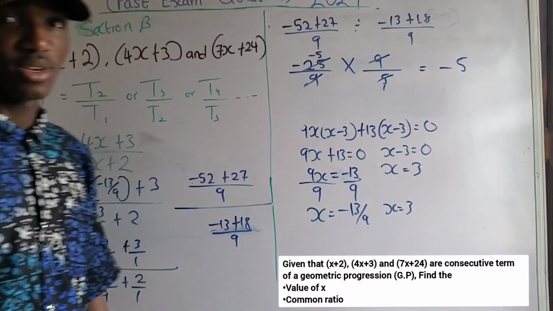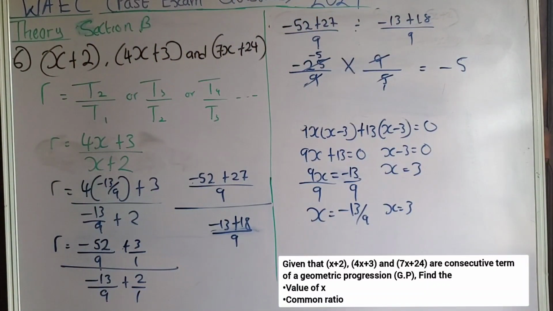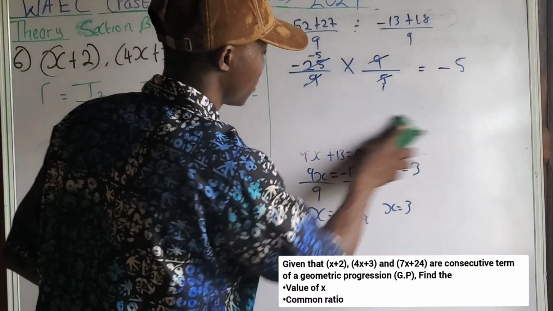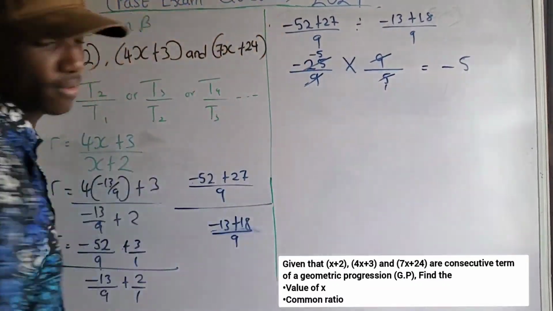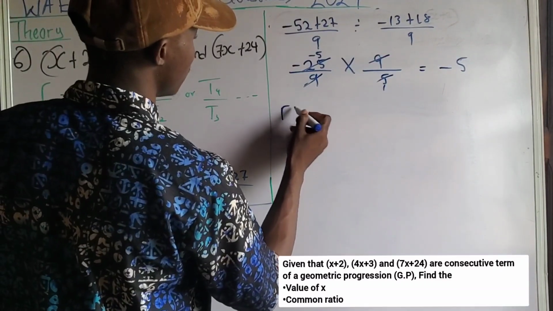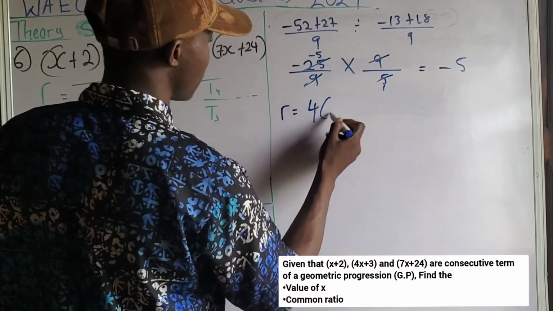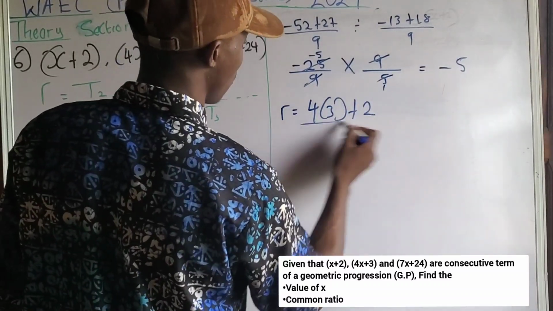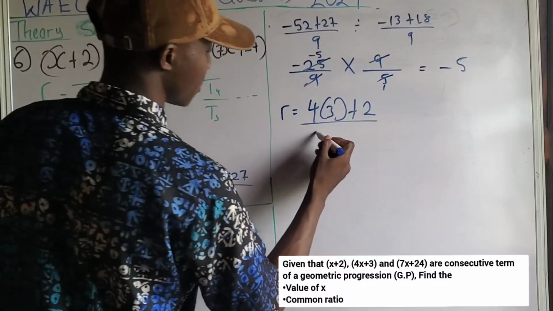Do you understand? Now we are still going to solve for when x is 3. I want you to pay attention. Now when x is 3, we are going to have r equals 4 multiplied by 3 plus 2 all over 3 plus 2.